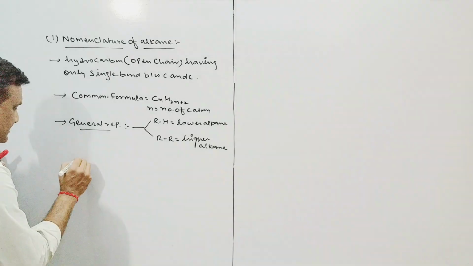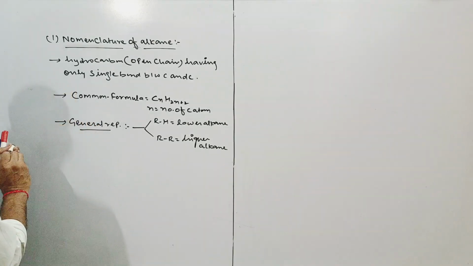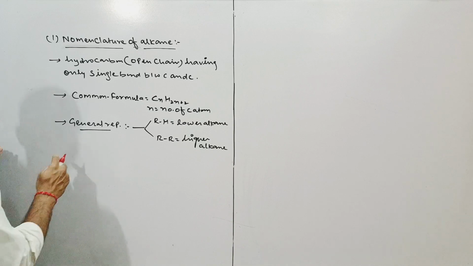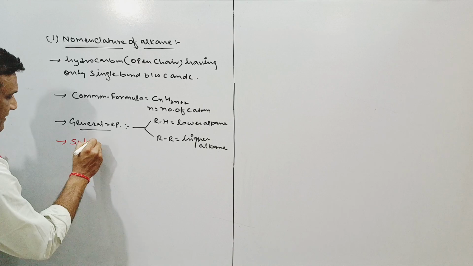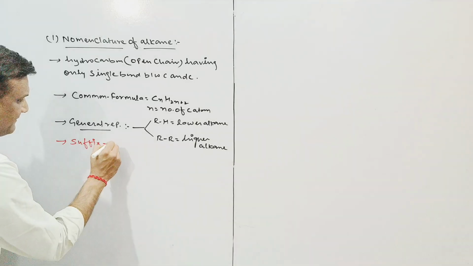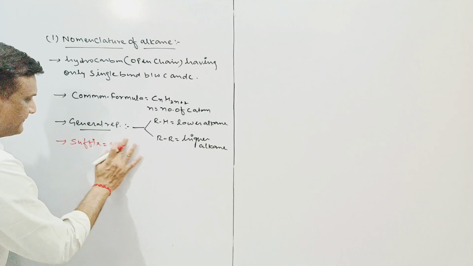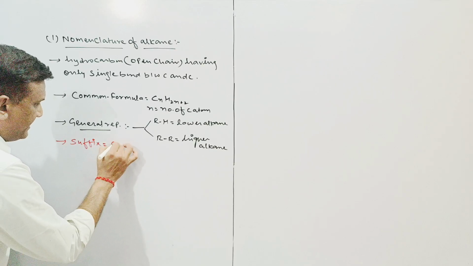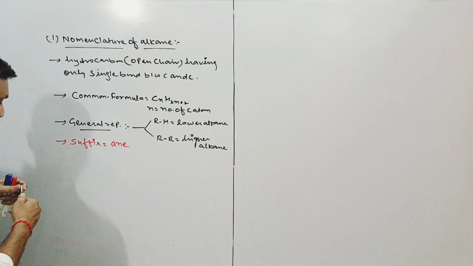First of all, we'll take examples, and one important thing: the suffix for alkane is ane. Now I would like to go with the structures as practice.